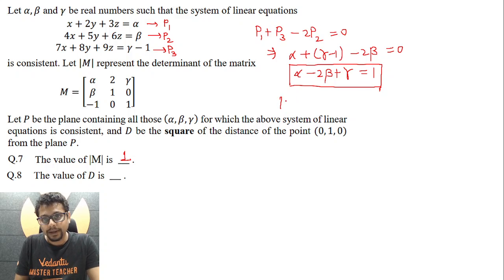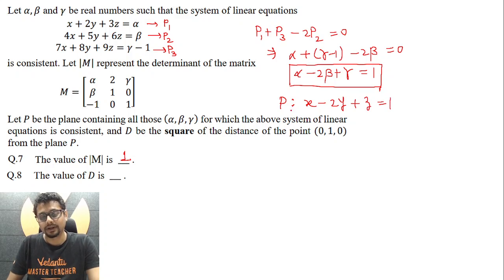Now what about this plane P? So alpha is supposed to be the x coordinate, beta is supposed to be the y coordinate, gamma is supposed to be the z coordinate. So we have x minus 2y plus z equal to 1. And this capital D is supposed to be the square of the distance of this point 0, 1, 0 from this plane P. And that's what we have to answer in question 8.